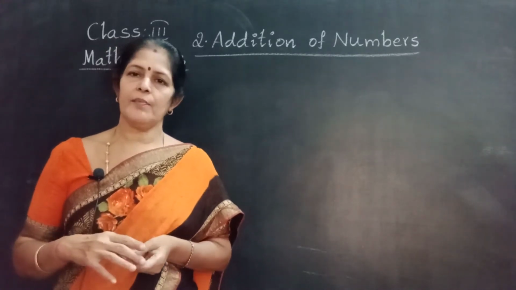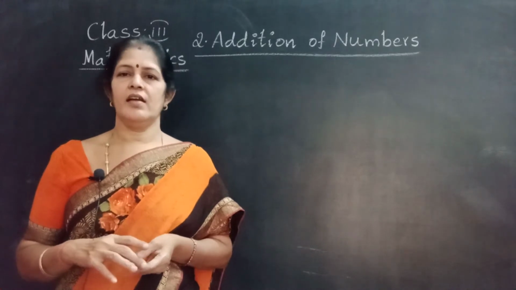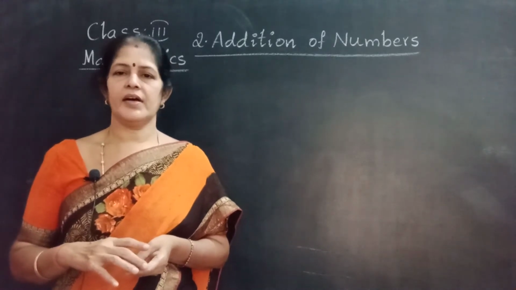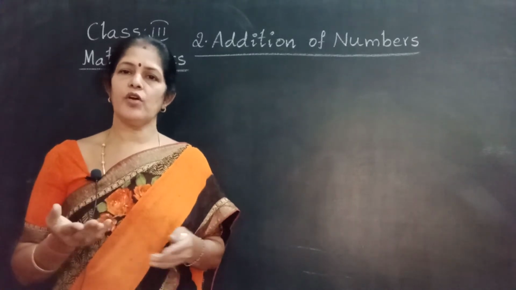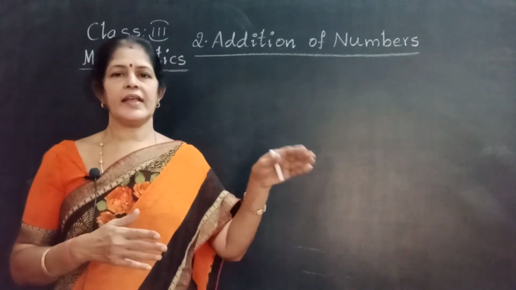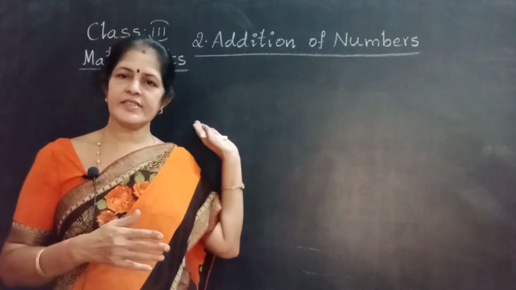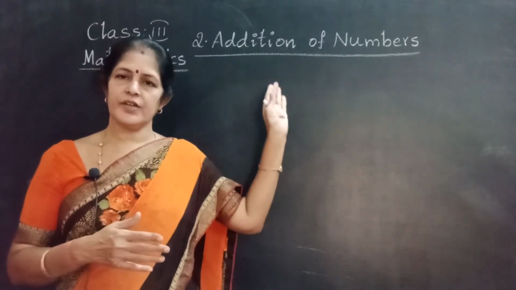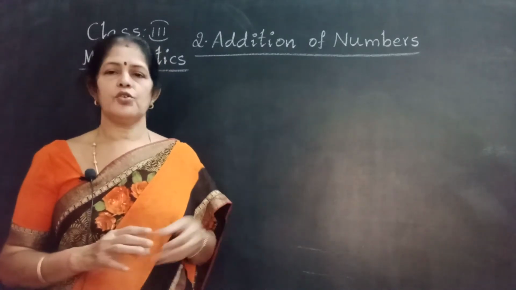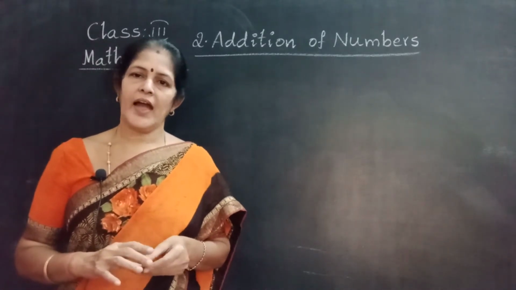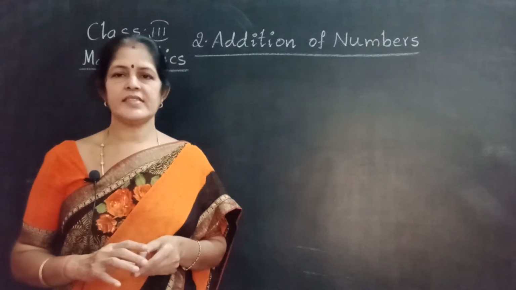With regrouping means carrying addition. After adding the numbers, we get the sum. If the sum is a 2-digit number, we split the number and carry forward to the left side, ones to tens, tens to hundreds. Okay? And 2 word problems also I explained in the previous class.